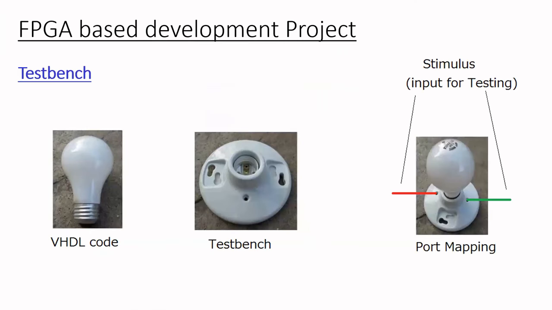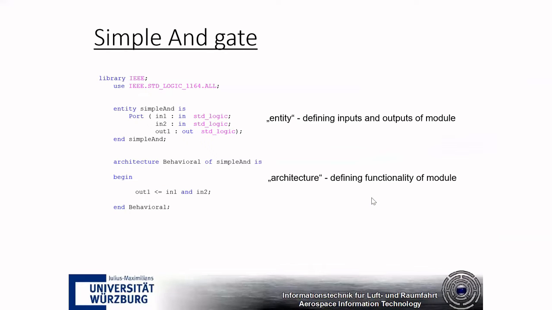And remember, with this example, what we need is a test bench which will have signals, a port mapping which will map the signals of the test bench to the ports of the design, and then later we will apply the stimulus. Remember this in your mind.